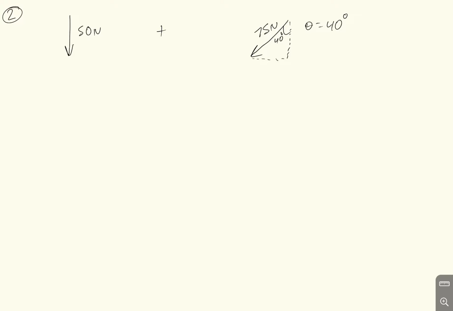So our F1 is equal to 50 newtons, and theta is equal to 0 degrees, and then our F2 is equal to 75 newtons, and theta is equal to 45 degrees. Now, feel free to pause the video and try this on your own, but when you come back, you'll see that once again we have to find the x and y components of the 75 Newton vector.